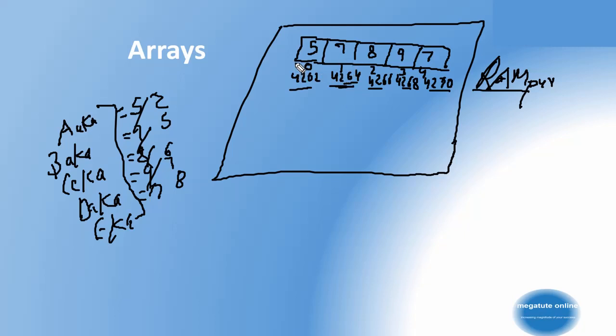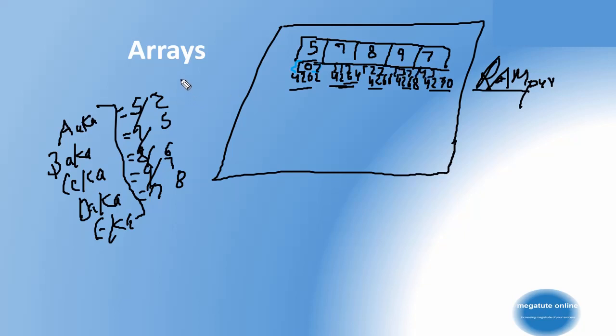And these house numbers are actually their index values. So we call this the index value. Now I think this makes sense to you. Keep this idea in your mind, and then arrays will be easier for you.